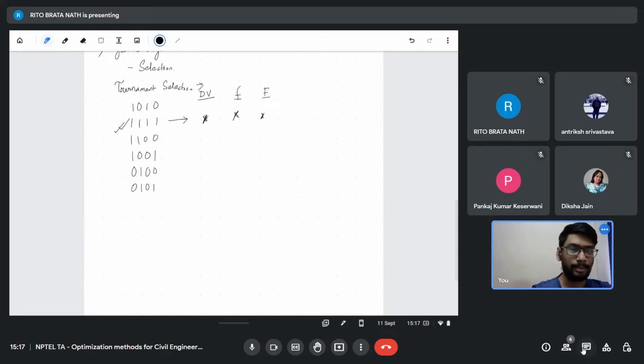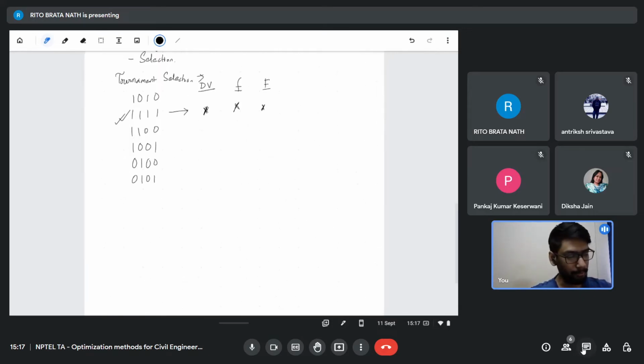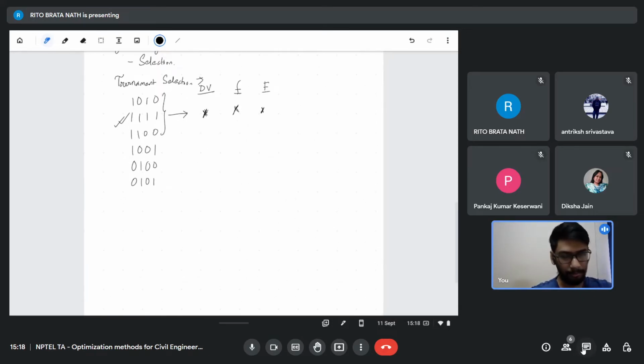Then in the tournament selection method, everyone plays with certain solutions. You can think of it like a cricket tournament, where one team plays with another, and maybe some grouping is also there. So suppose your tournament size is three, and I'll group these three together at first and these three together.